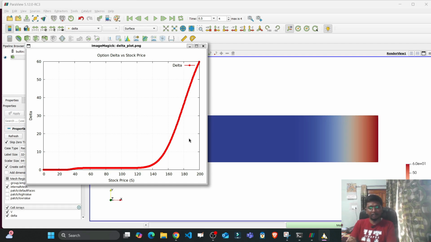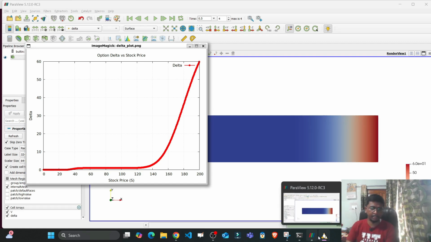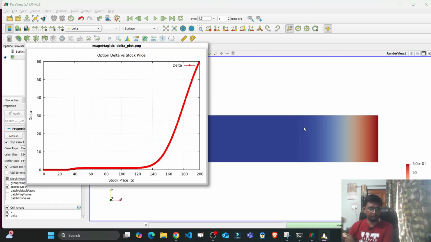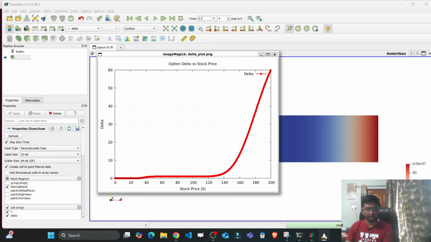I don't know why it has given the error; I have not seen it beforehand. If I try to solve it right now or figure it out, I think it will take much time. So I will figure it out and try to make another video on what value it was getting. But from here you can just see that in delta, the plot is matching the value basically.